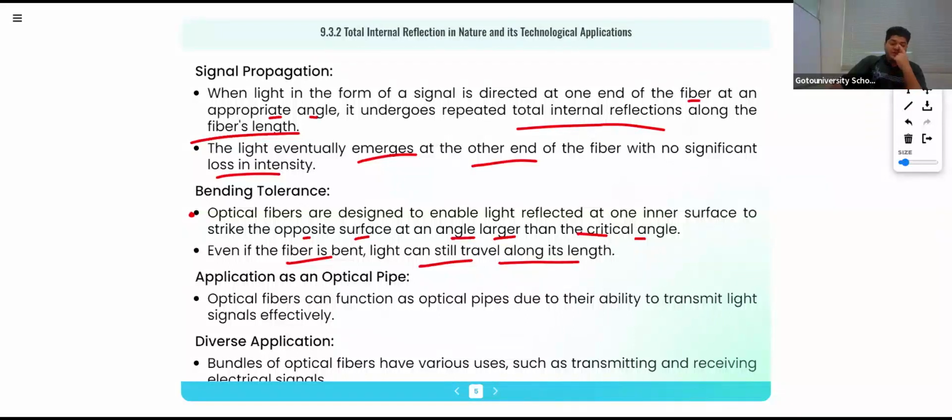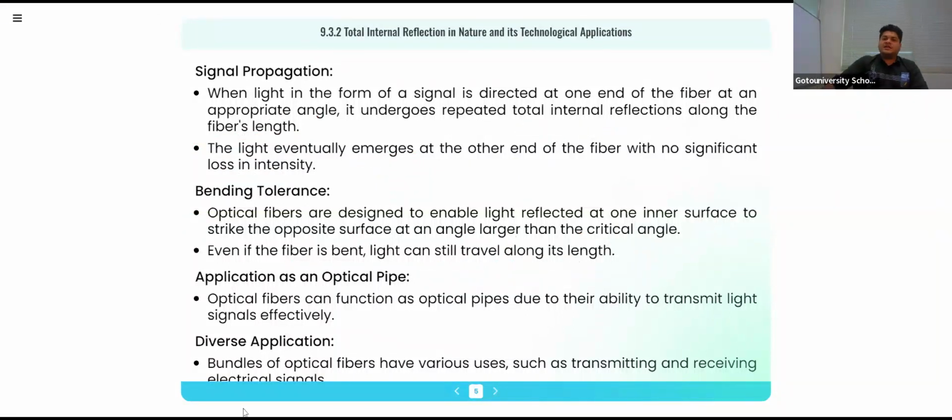Because in that case, we don't have much scattering of the light, because the light rays are bouncing back in the same medium. We have diverse applications, like bundles of optical fiber have various uses such as transmitting and receiving electrical signals.